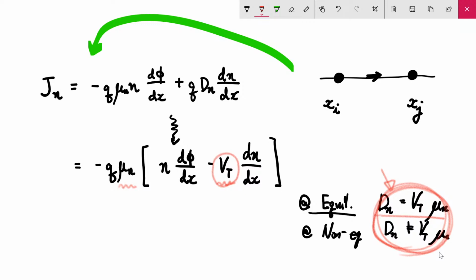This assumption means that although we are working with a nonlinear non-equilibrium case, the deviation from equilibrium is not that significant. That is the implicit assumption we have to understand when we use the Einstein relation.